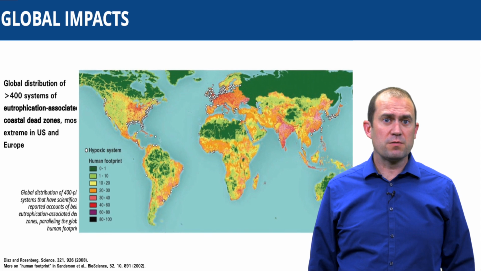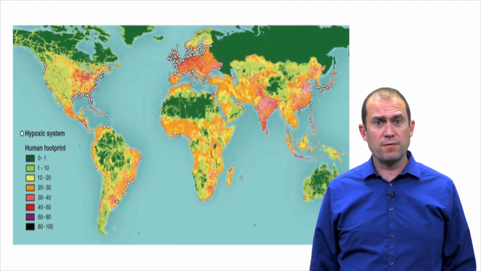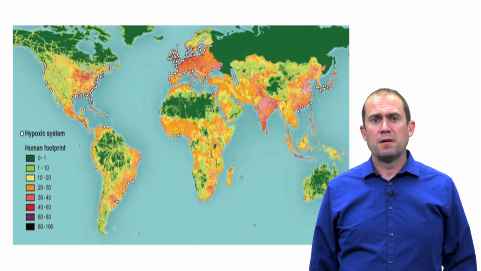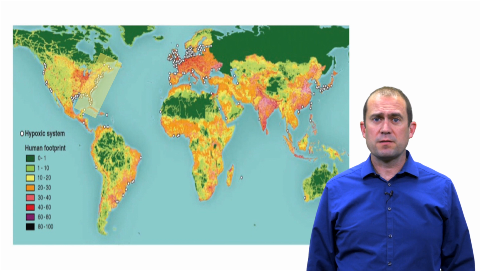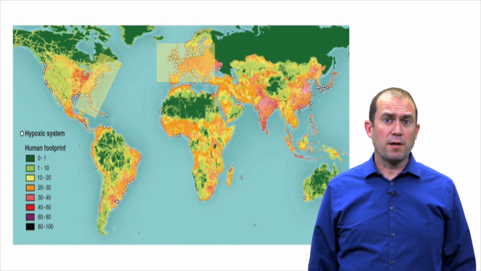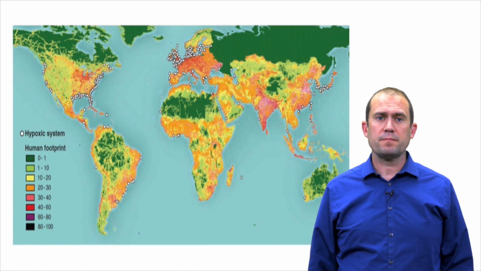The map shown here shows us the distribution of scientifically reported accounts of coastal dead zones inventoried a few years ago. Note the large number of dead zones on the eastern and southern coasts of the US, as well as around Europe, correlating with the water pollution levels for phosphorus we saw earlier.